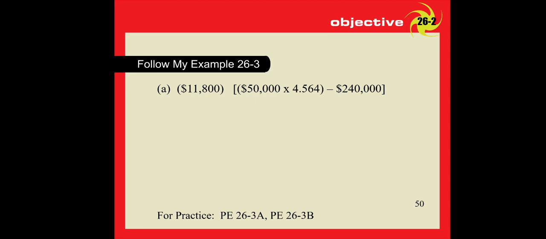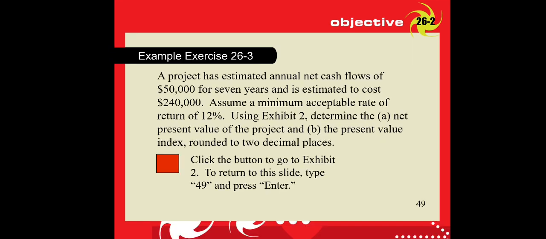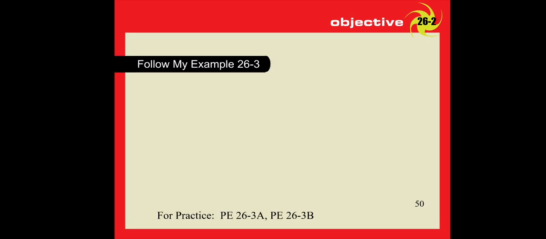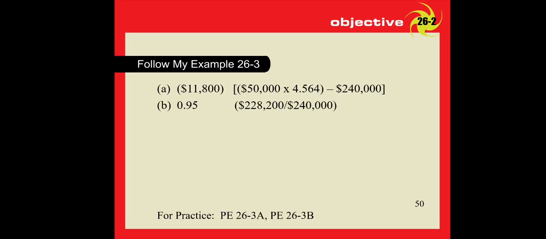So when you check the present value table, 7 years, 12%, you will get 4.564. That is the present value for the annuity.